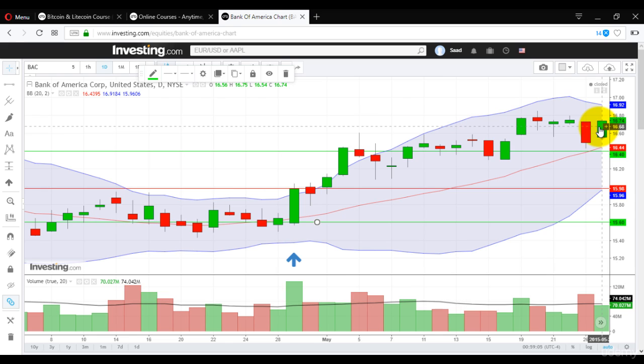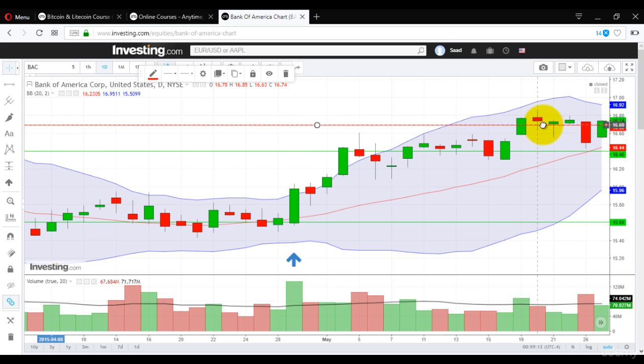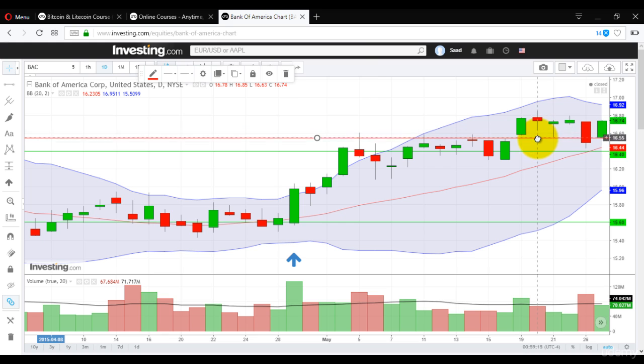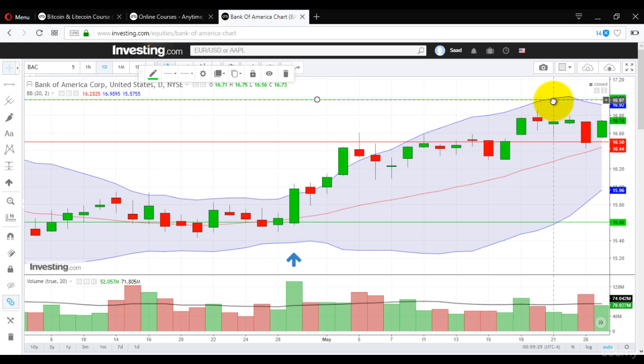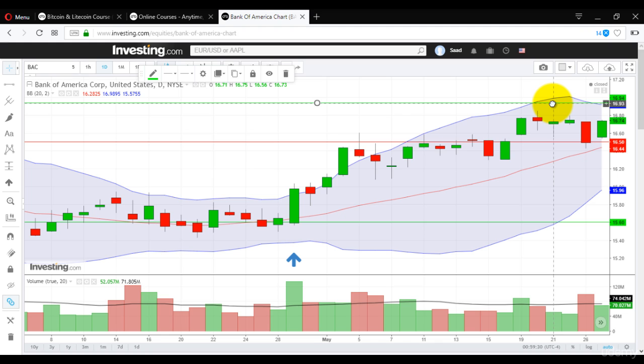Now this is a perfect time to initiate our short iron condor trade. And we would initiate it. That is, we will put it right here or here, 1650. And on the upper Bollinger Band, that is 1690, we would trade our upper trade.